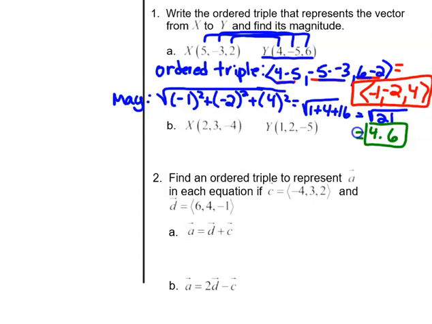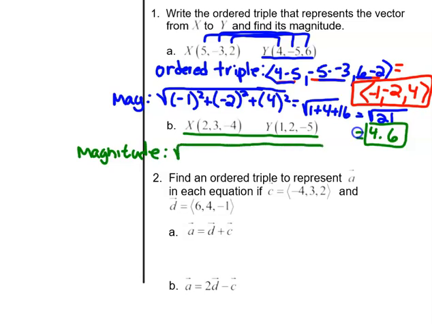All right, so here, if I'm just going to find the magnitude of this, remember I can find the ordered pair first.